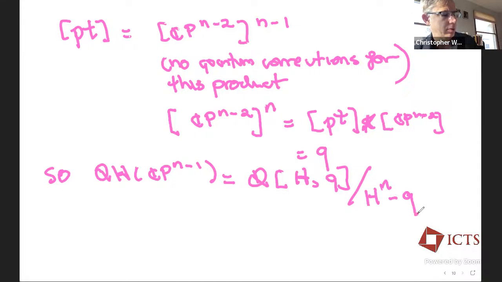And the single relation is that Hn minus Q is equal to 0.